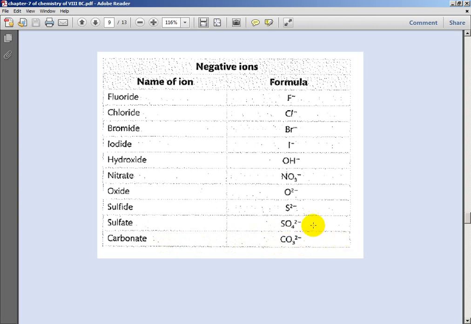Okay, you should remember these things. You'll memorize these: sulfate 2 minus, carbonate 2 minus, sulfide 2 minus, oxide 2 minus, nitrate NO3 1 minus, hydroxide OH 1 minus.